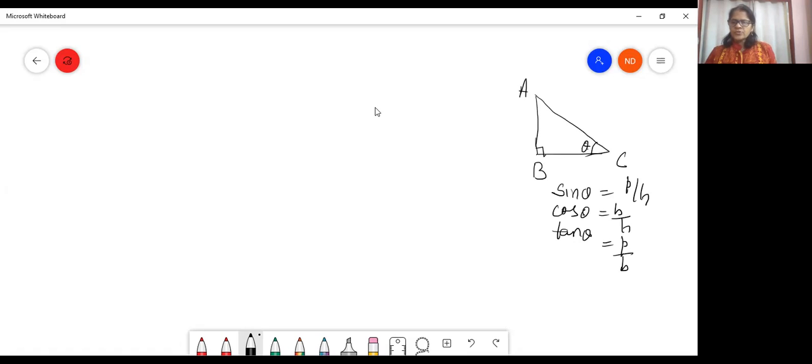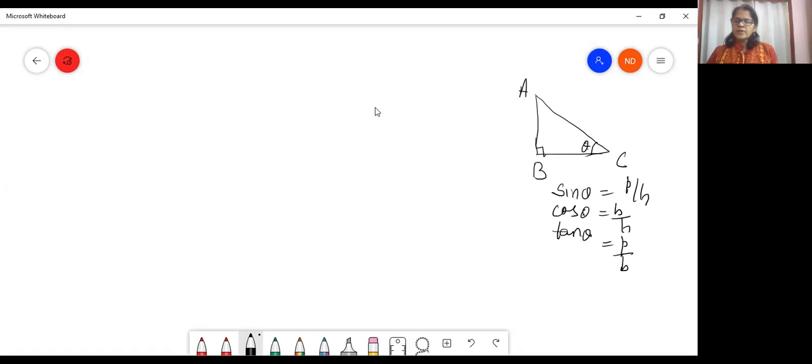So sine theta is perpendicular by hypotenuse, in this case AB by AC. Similarly, cos theta is B by H, base by hypotenuse, the adjacent side by hypotenuse, and tan theta equal to P by B, so it is AB by BC.